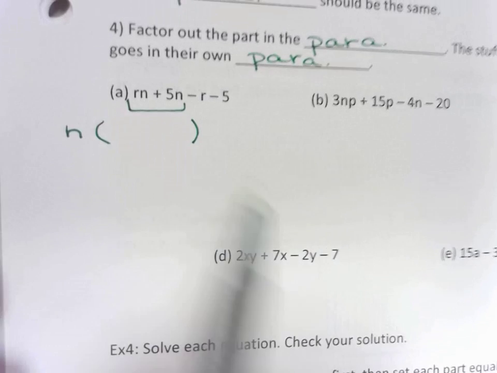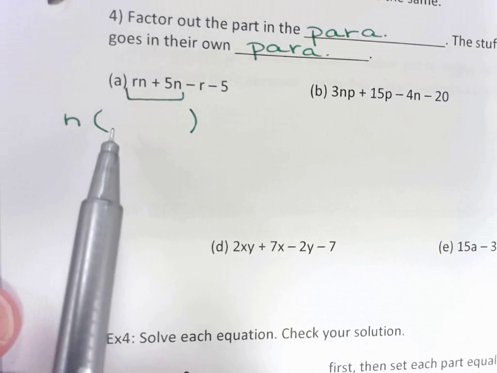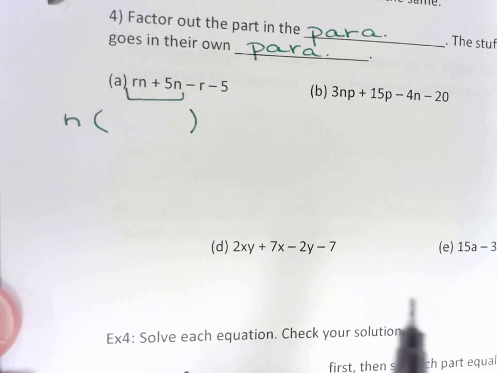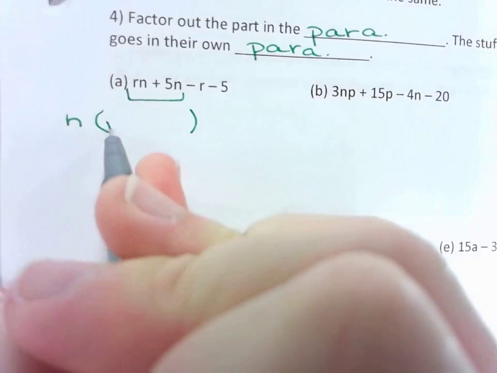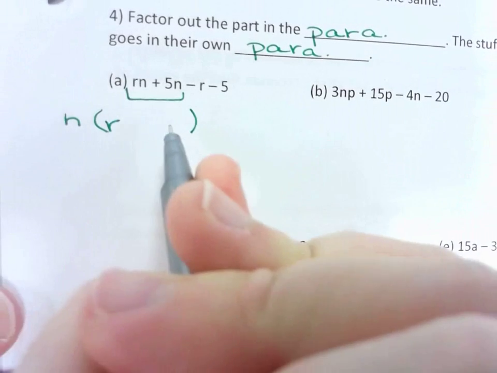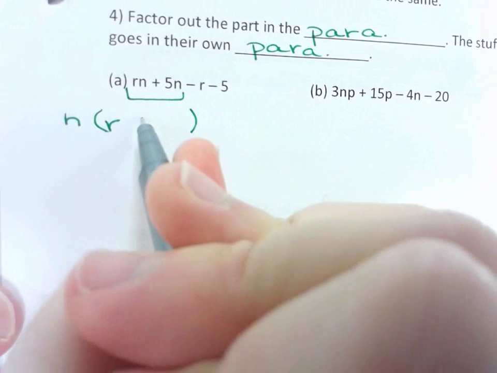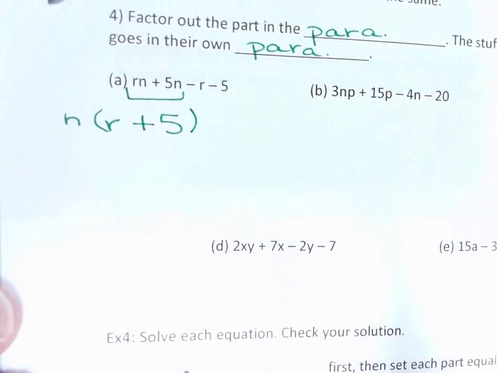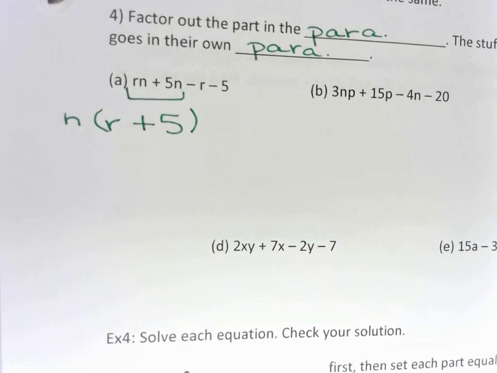Now I go through. N times what gives me Rn? R. N times what gives me 5n? 5. So I have r plus 5 in the parentheses. So you take the GCF out of the first two, exactly like we did earlier.